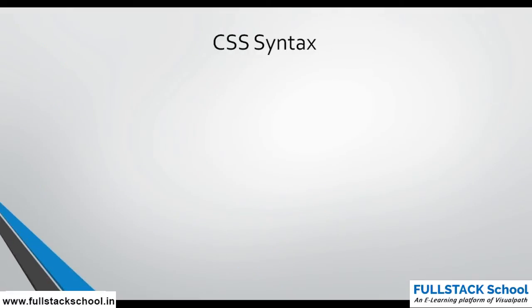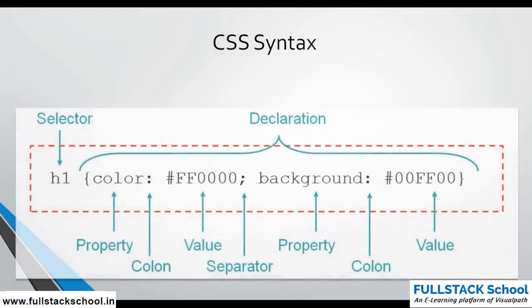Moving next, we see some more syntax. Here, the h1 tag is the selector, and the rest is the declaration. Under the curly bracket, color is a property, then the colon, then the value of the color, then the semicolon as the separator.